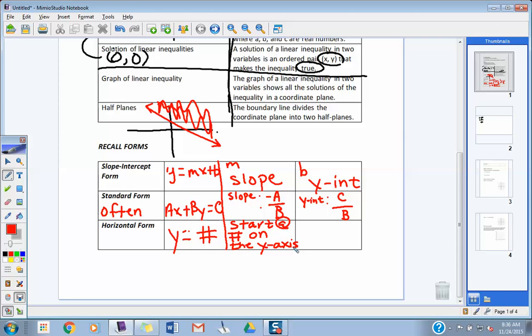Well, run up to 5, and I'll show you what that looks like in a second. And then you're going to draw a line that runs left to right. Again, just a lot of general rules right now before we get into this, so make sure you have those down.